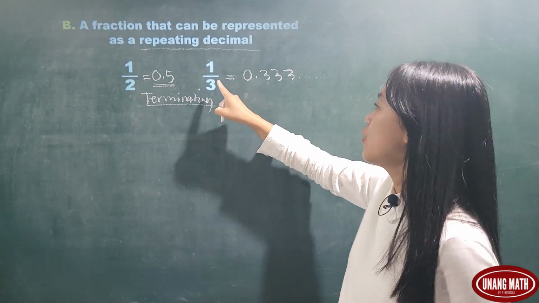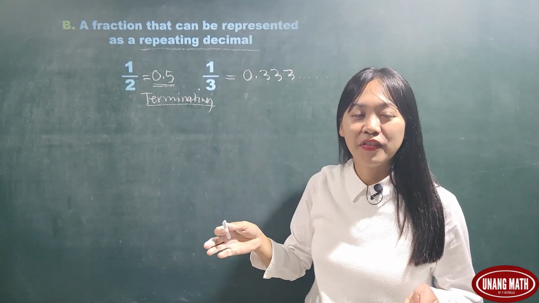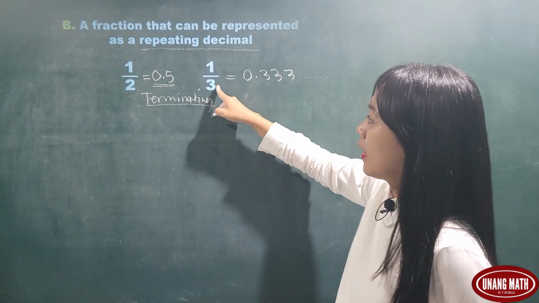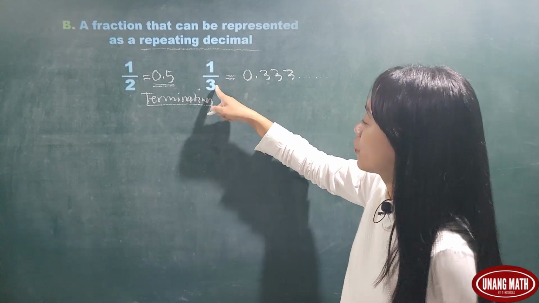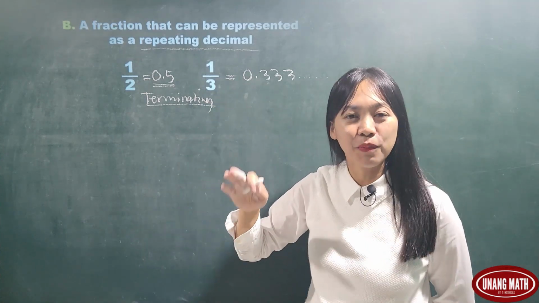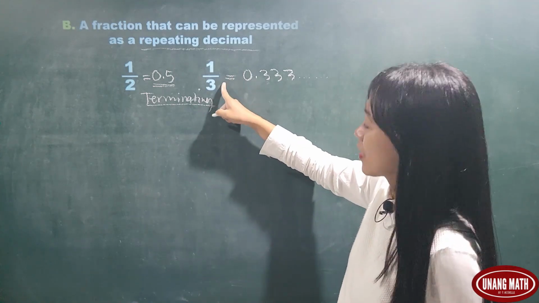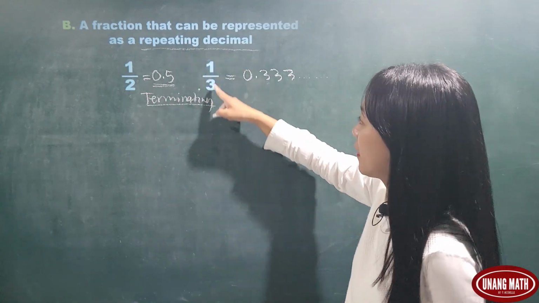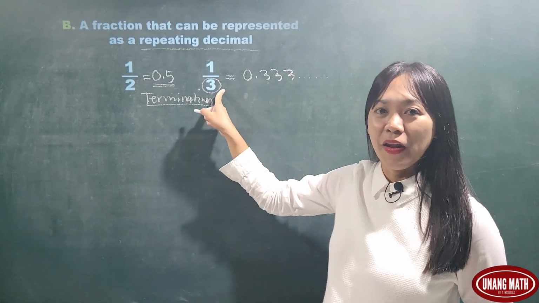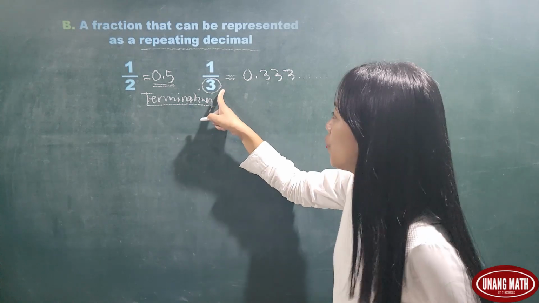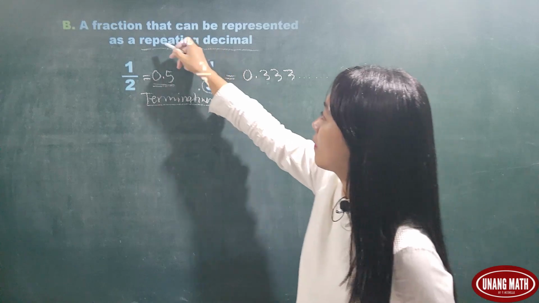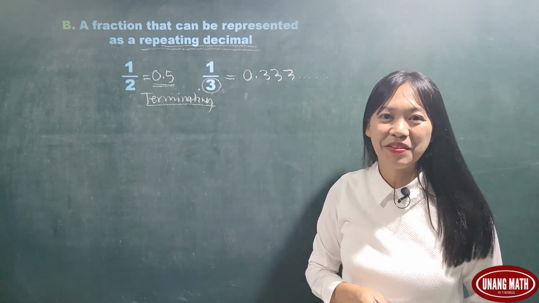If the prime factors of the denominator have other numbers aside from 2 or 5, then that fraction is a repeating decimal. For example, 1/3. The denominator is 3. It's not 2 or 5 or 2 and 5. So this fraction is a repeating decimal.